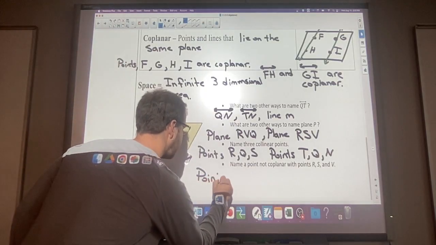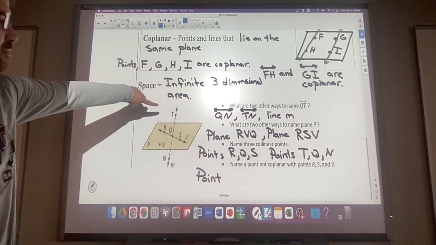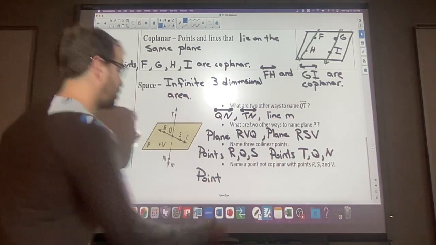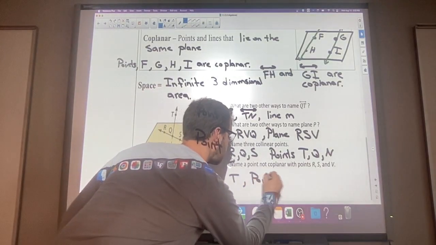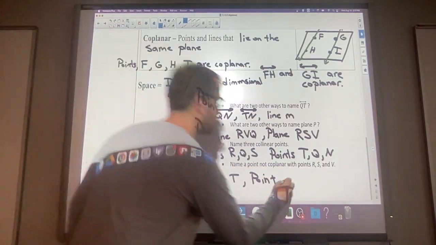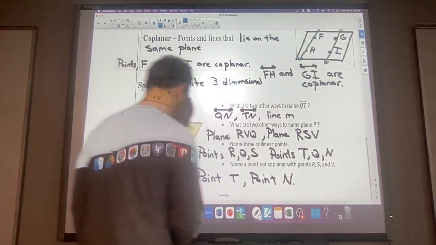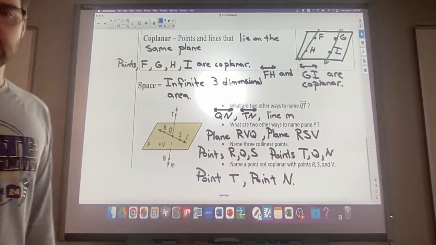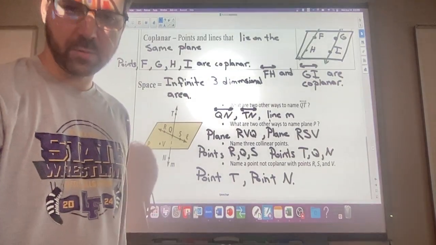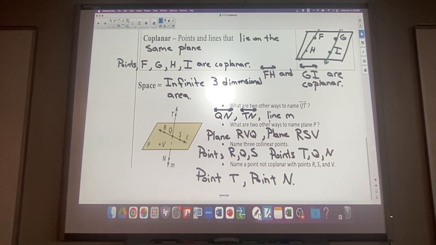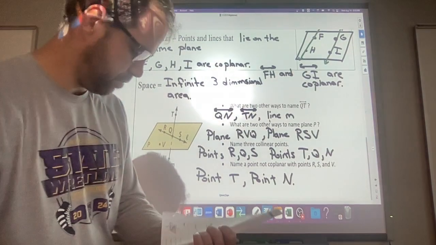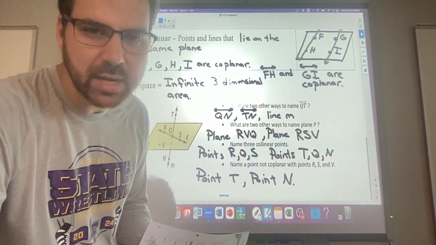We could either say point T, which is not on the plane, or we could say point N. Everyone's fine, they only want 1, you don't have to write both. Oh no, there's a backside, so flip it over to the backside.